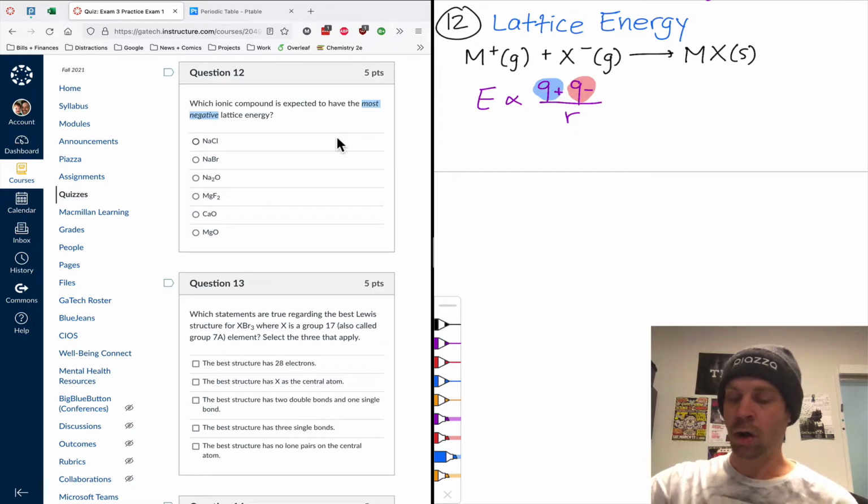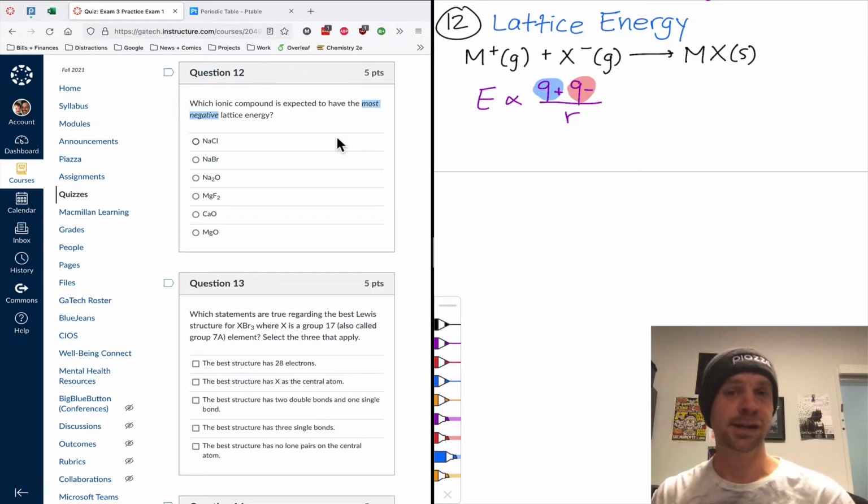Although this equation is not useful for calculating anything, because it's just a proportionality, it can tell us qualitatively what causes lattice energy to become more negative or less negative, more exothermic or less exothermic.